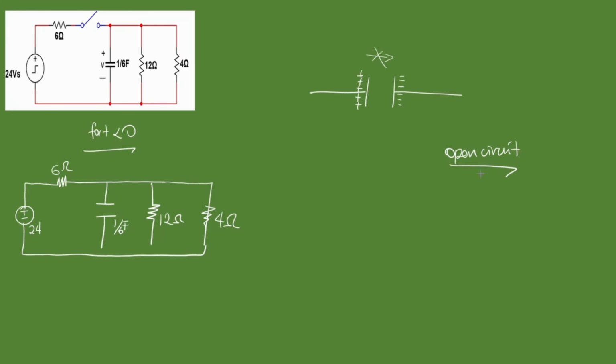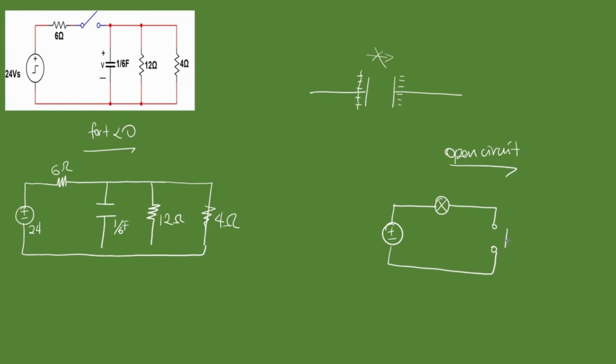So what does this mean? It means that you have a point in your circuit where current cannot flow. Let's say for instance, I have a voltage source, then I have a lamp, and then I have a little switch here.